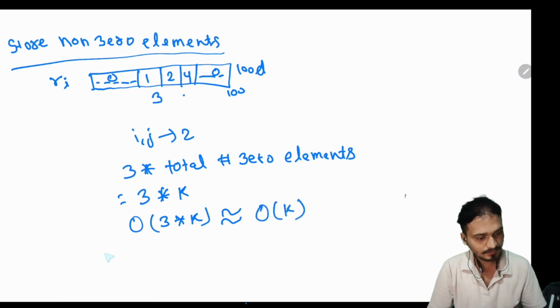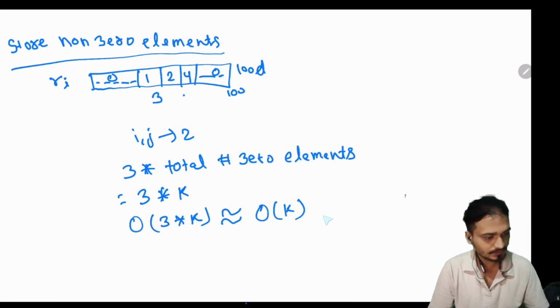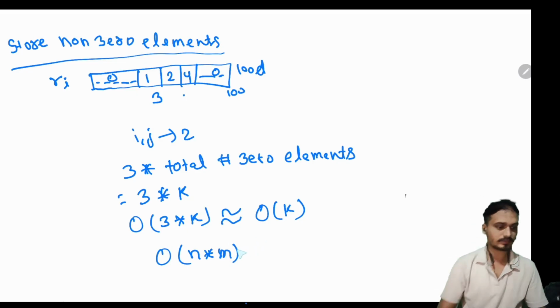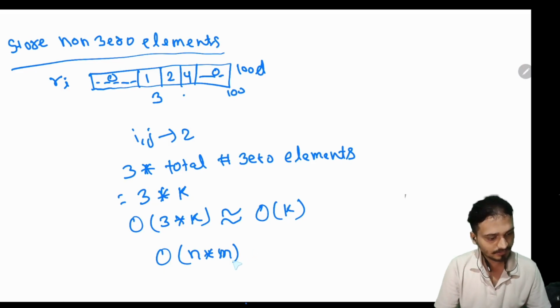Previously our space complexity was big O of n into m, when we were storing the sparse matrix in a simple matrix form. Now we have reduced it to big O of k.